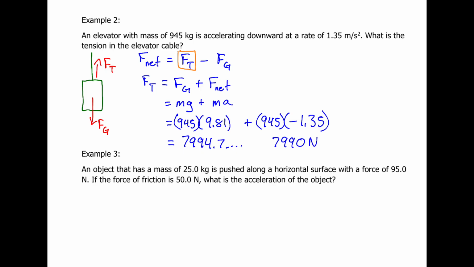What direction is the tension force going? Up. So in this case, our answer is 7990 up. So almost 8,000 newtons up in this case.